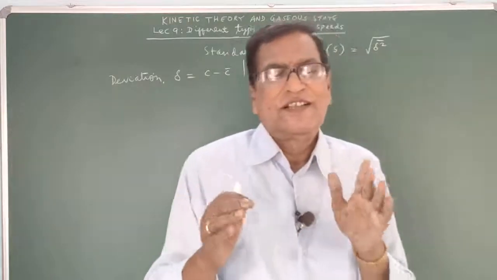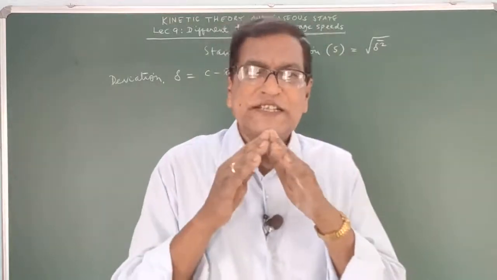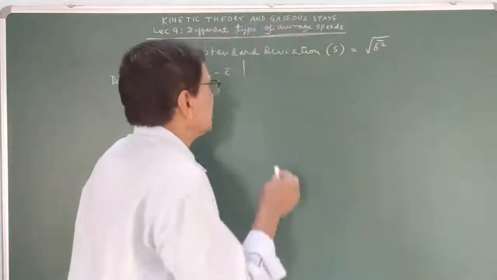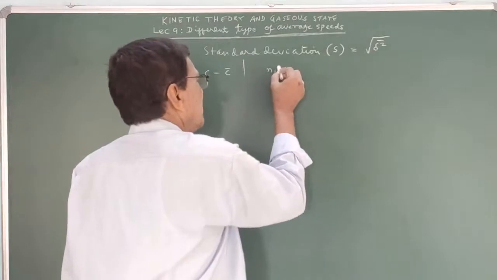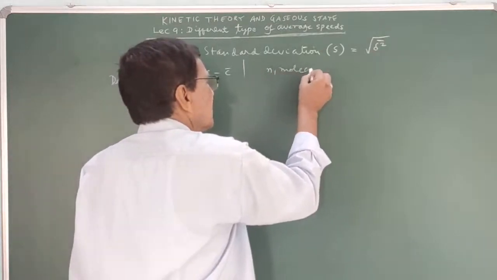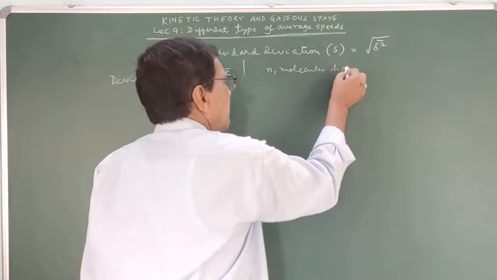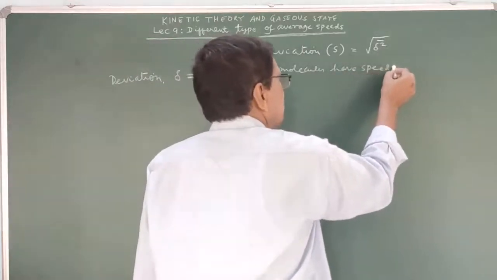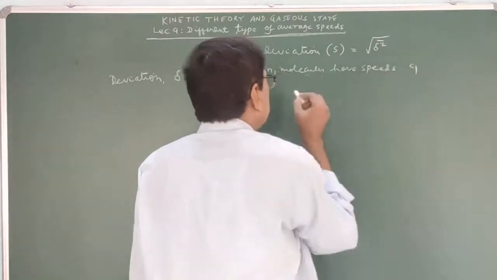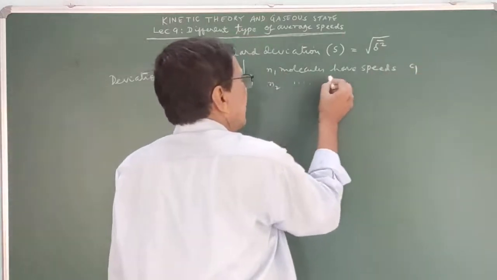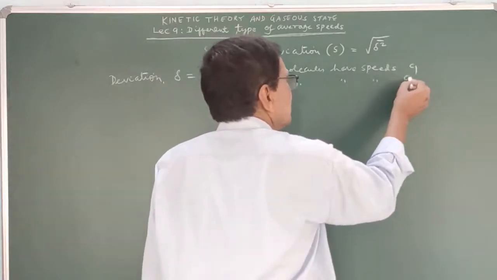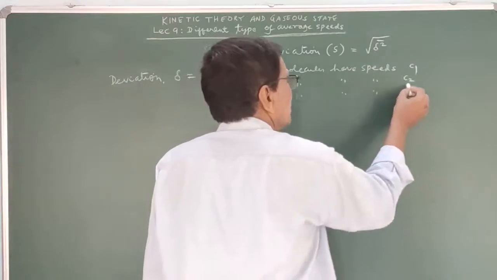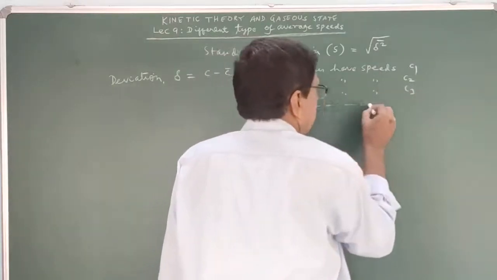So let us say N1 molecules have speed C1, N2 molecules have speed C2, N3 molecules have speed C3 and so on.